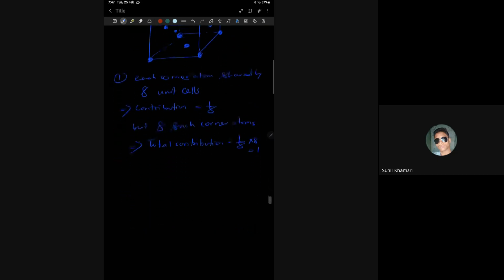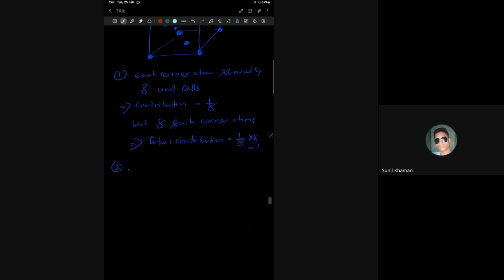Okay, this is one part. The second part is each face atom, face center atom, is shared by 2 unit cells.